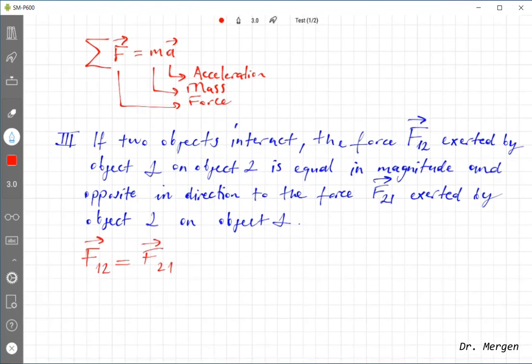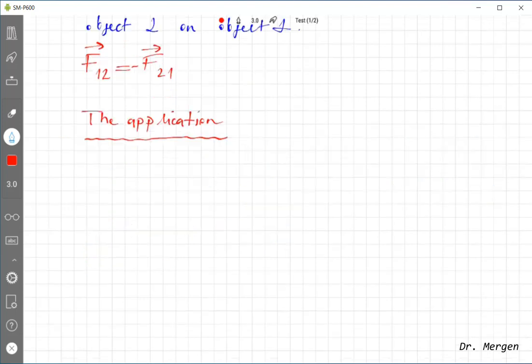And this is how we express the third law of Newton mathematically. After this quick recap, let's see how we are going to use those three laws of motion in our engineering applications.